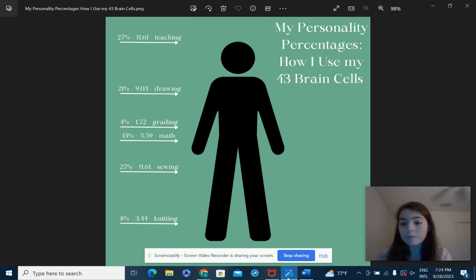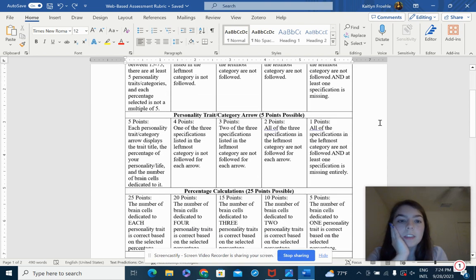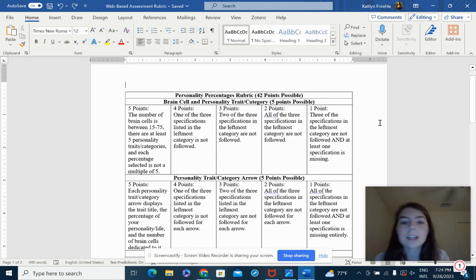To maybe make this a little bit more clear, I have a rubric included for this assignment. We can see that there are 42 points possible. The first 5 coming into play with the brain cell, personality, trait, and category. So you can get the full points here by choosing a number of brain cells that's between 15 and 75, choosing at least 5 personality traits or categories or hobbies or things that you do, and that each percentage is not a multiple of 5.